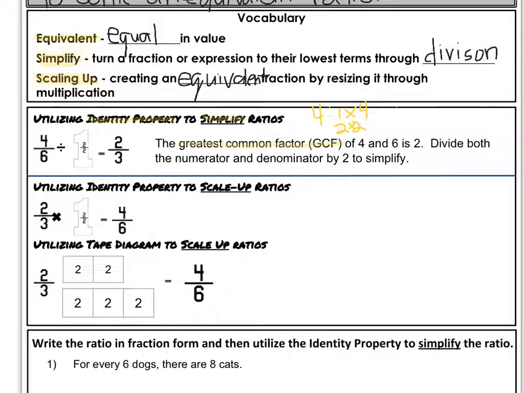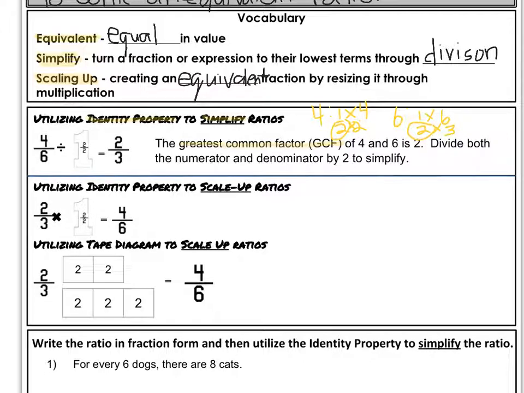The factors of 6 are 1 and 6, 2 and 3. And what do they have in common that's the greatest? It's that 2. So the greatest common factor is 2.